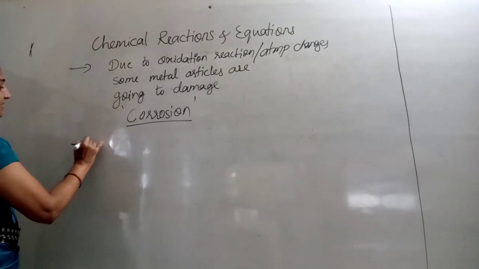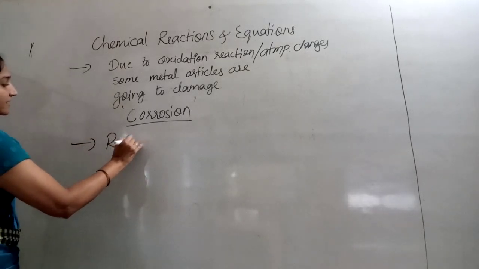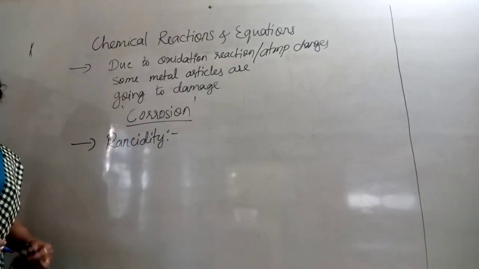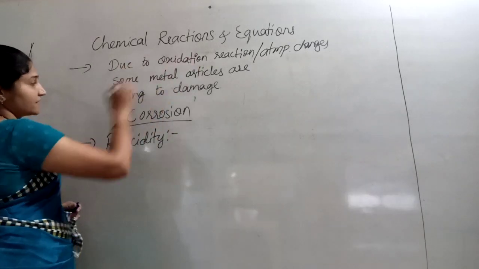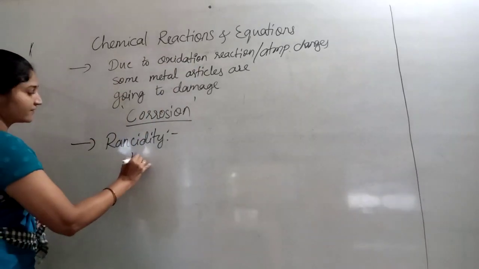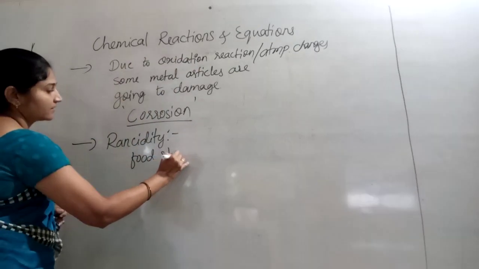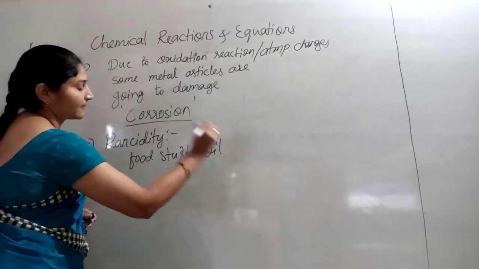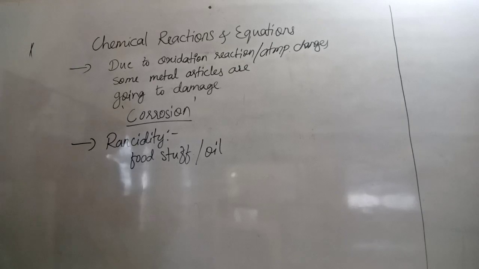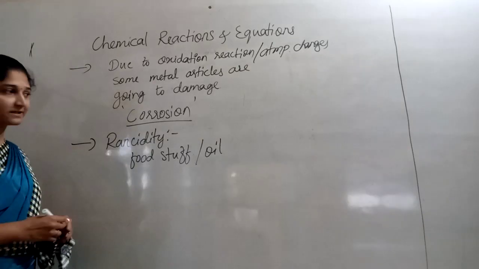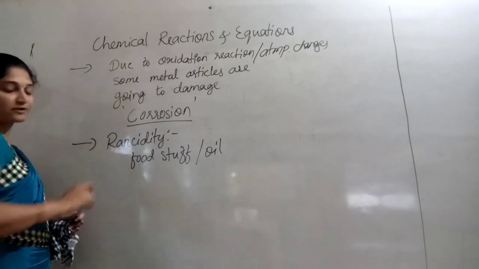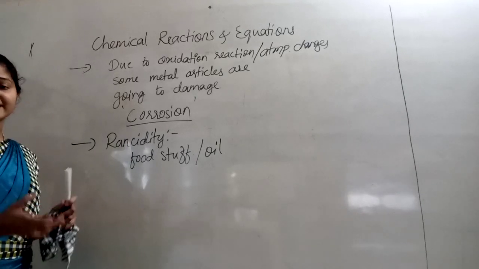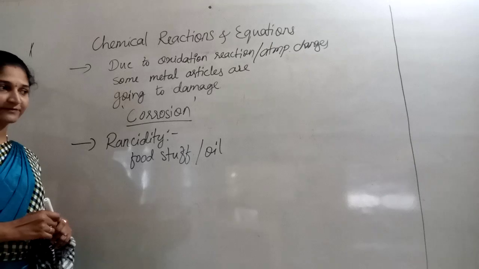Rancidity. Okay, this is corrosion. Another one is rancidity. So here rancidity means what? Again, due to oxidation only, when foodstuffs or oil get a foul smell, foul odor, that process is known as rancidity, and it happens because air enters the food particles.